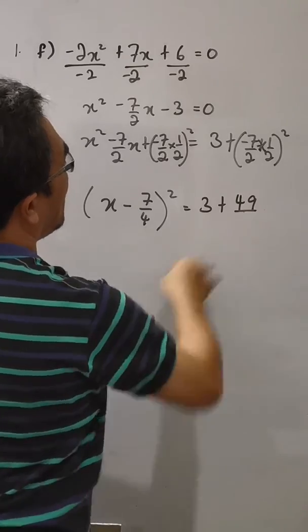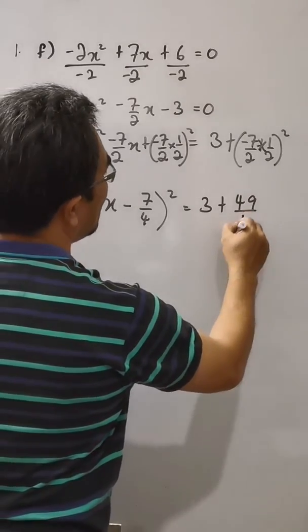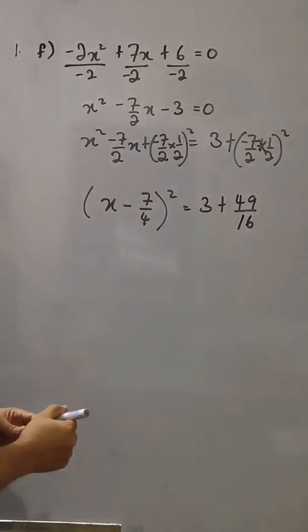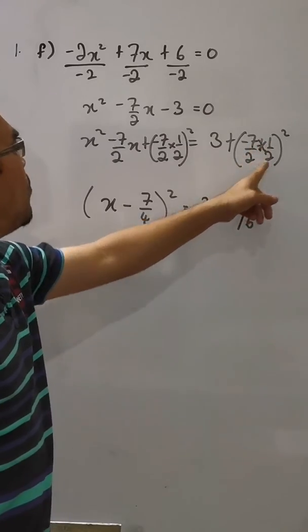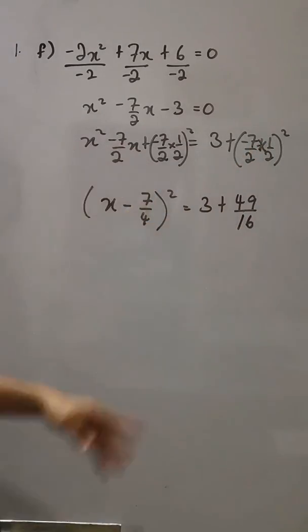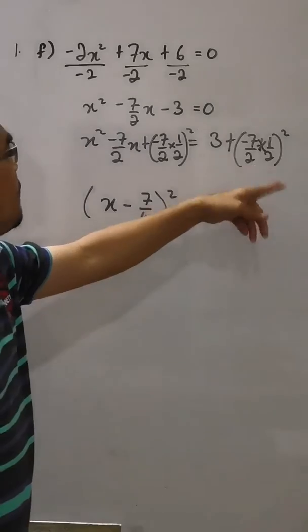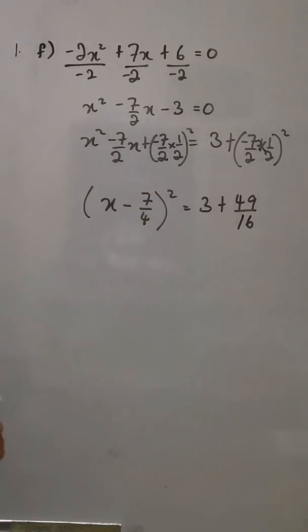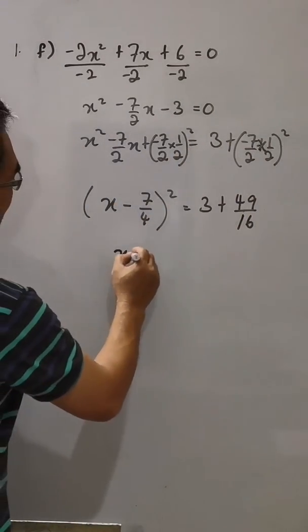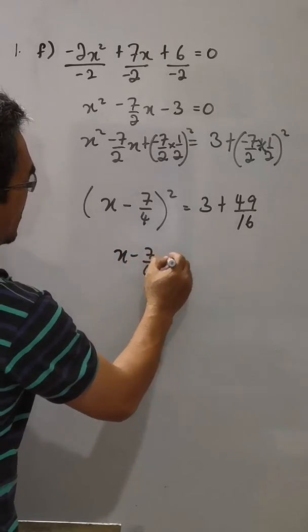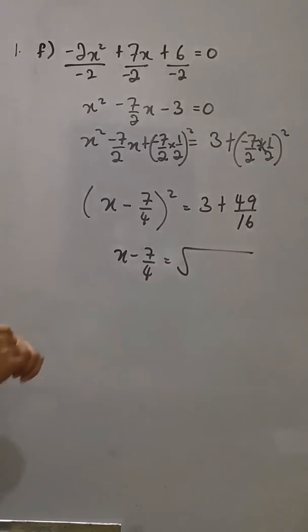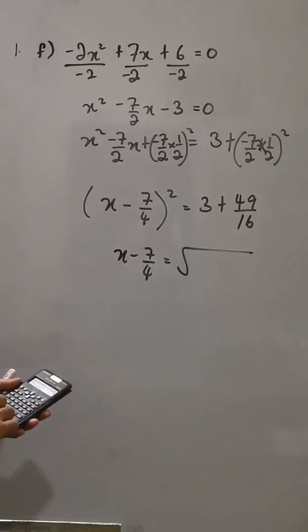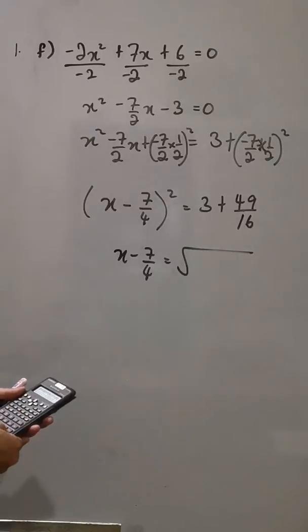When you square it, it becomes 49 over 16, because negative 7 over 4 squared. So negative 7 times negative 7, 4 times 4. Then you say x minus 7 over 4 equals the square root of this value. What is that value? 3 plus 49 over 16.